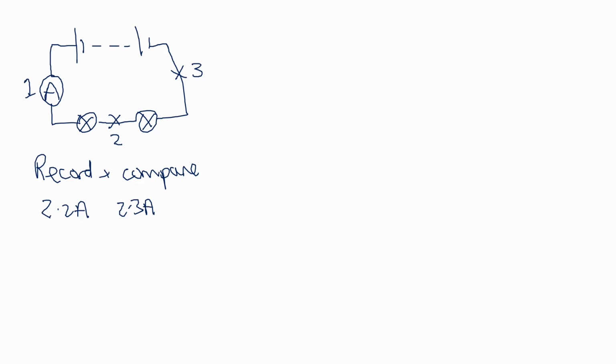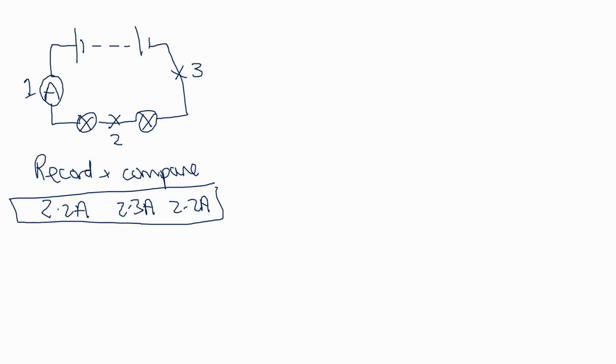I would then ask them to do the same here at point 2, and then the same here at point 3, and then I would ask them to record and compare the results. And of course, what we should see is they get the same currents. I don't know, they might get 2.2 amps, 2.3 amps, 2.2 amps, and then we can get that conclusion that the current is the same all the way around the circuit as we'd expect it.